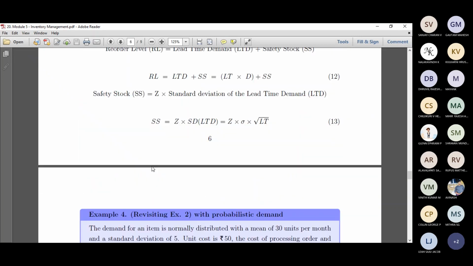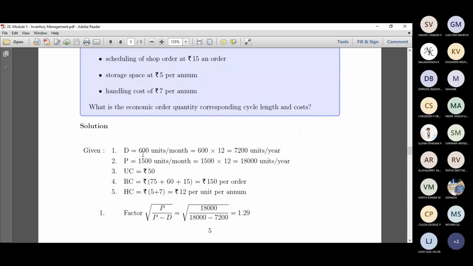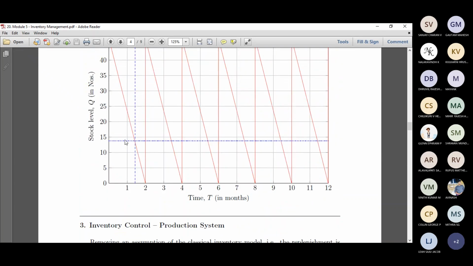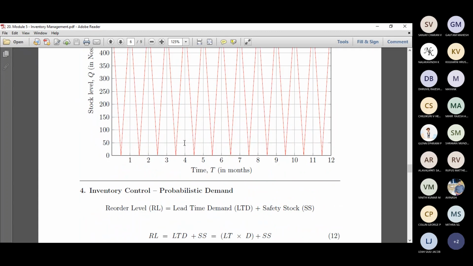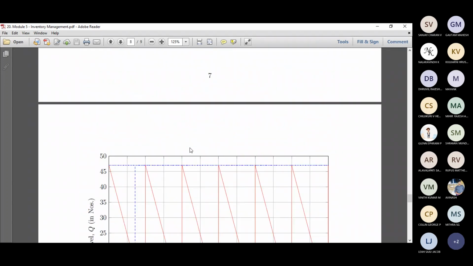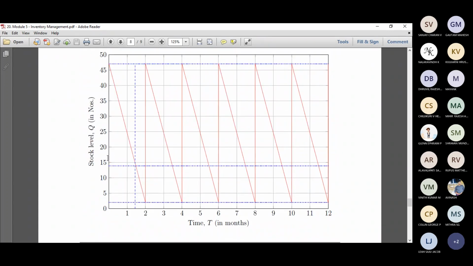I think I copied the same graph as before. So this 14 is actually 16. Sorry for the mistake. And the point at 2 weeks time will be intersecting here, and that will be the reorder point.